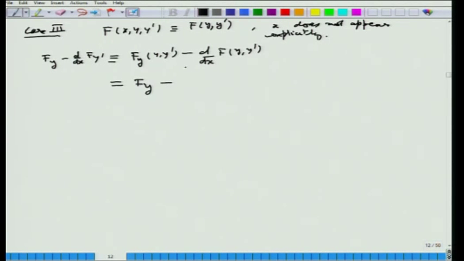Opening this here, we get f_y, and then since this is a total derivative, the variables will have to be differentiated with respect to x.